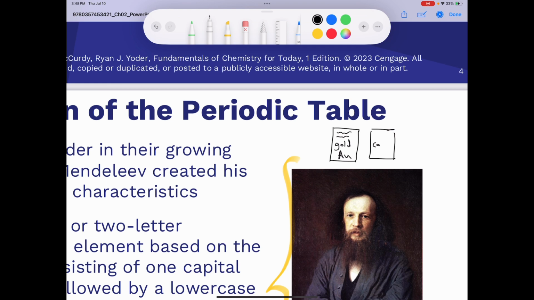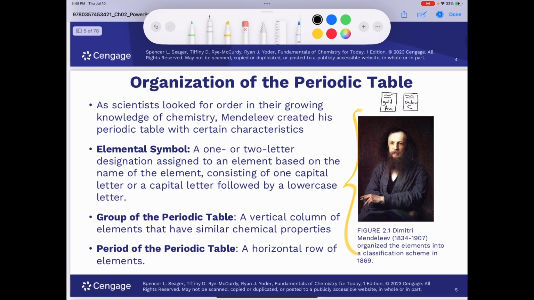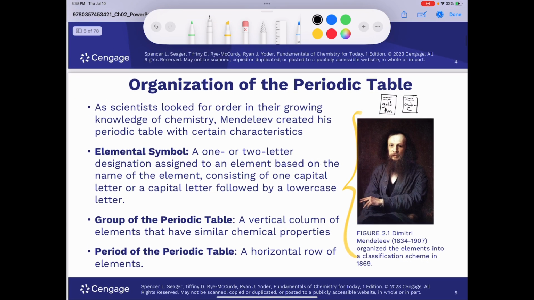Let's say he did one for carbon, and so then he'd write down what he knew about carbon, and he would take those cards with all those different elements that he did know of back in the 1800s, and he would lay them down on the table, and he was trying to find some kind of pattern that he could organize the elements by, and that's where we get the word periodic from, right? Because if something happens periodically to you, it's repeating. And so there's a repetition, there's a pattern in the periodic table.